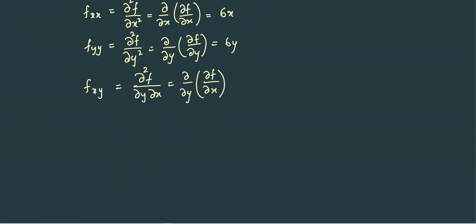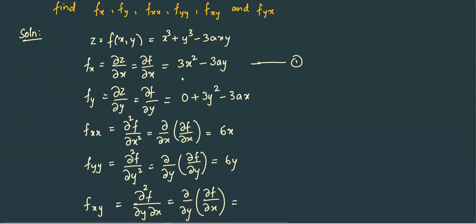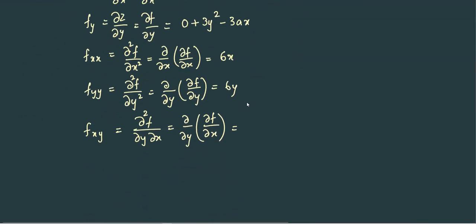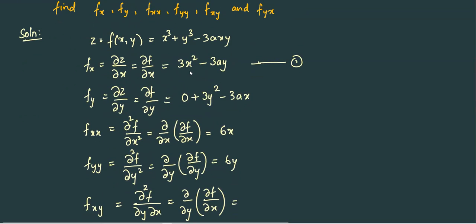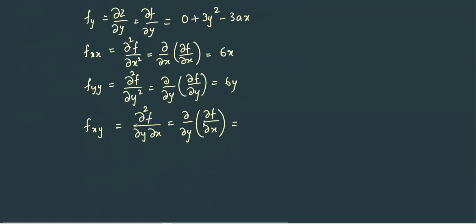First differentiating with respect to x, then differentiating with respect to y. So differentiating this expression with respect to y, we get derivative of 3x square is 0, and derivative of minus 3ay is minus 3a.